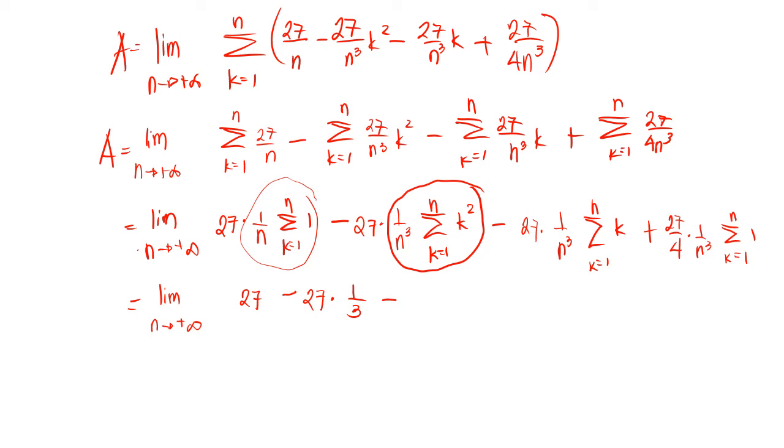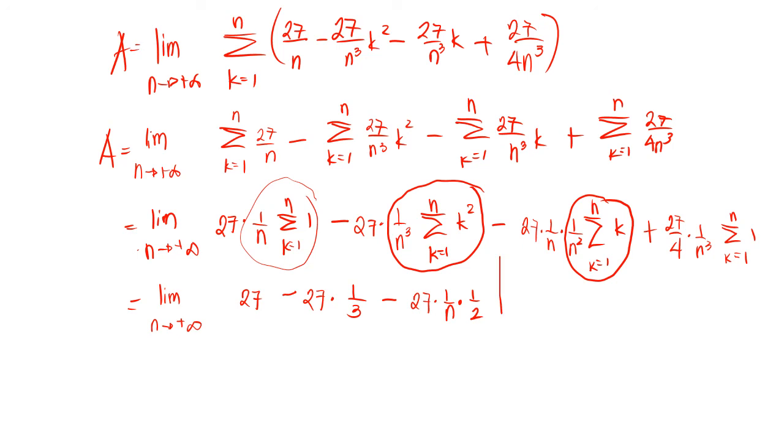Then minus, so ito, wala tayong formula. Kasi yung sa formula natin is naka-n squared. Kung k to, dapat n squared siya. So, pwede naman nating i-factor out to. So, instead of 1 all over n cubed, gawin nating 1 all over n times 1 all over n squared. Okay lang naman yon. And so, we are left with 27 times 1 all over n times, ito ay magiging 1/2.